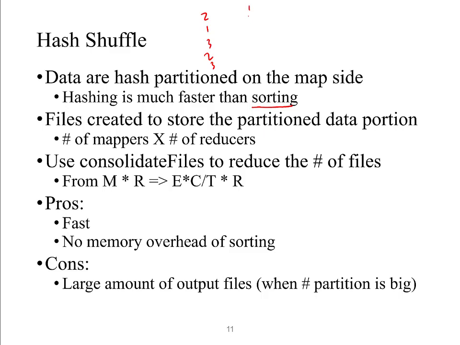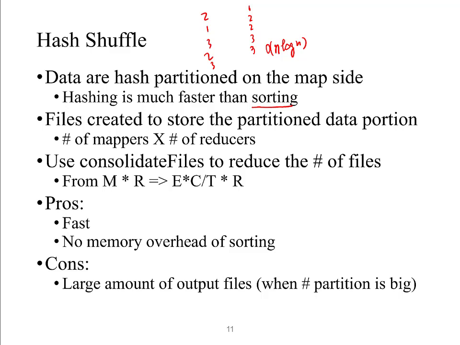After sorting, it would be 1, 2, 2, 3, 3. Then the keys are naturally organized. But I think you must have learned that the time cost of a sort algorithm is usually big O of n log n.